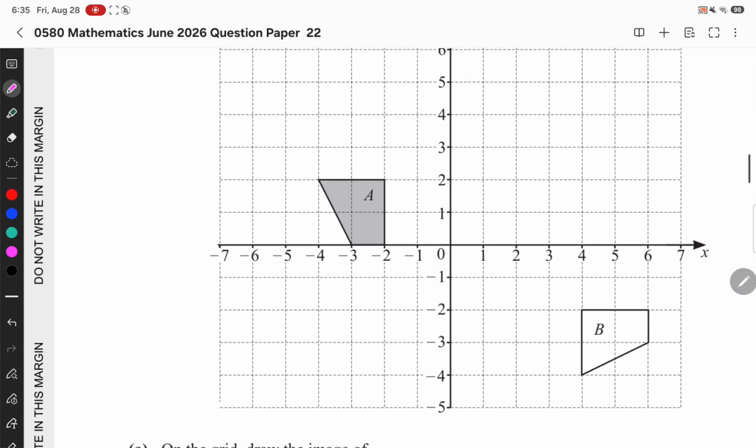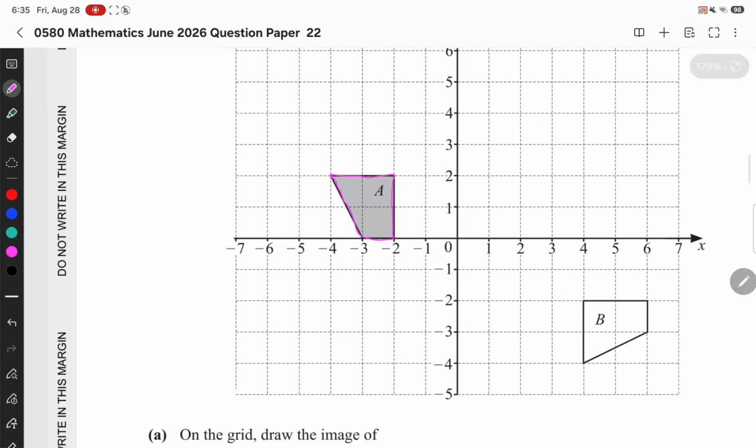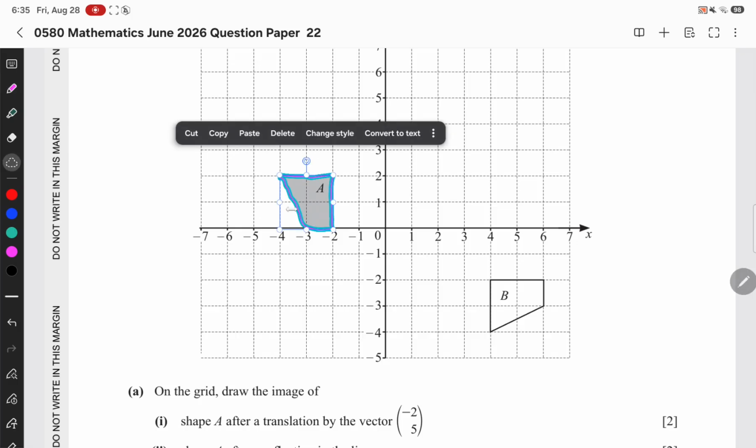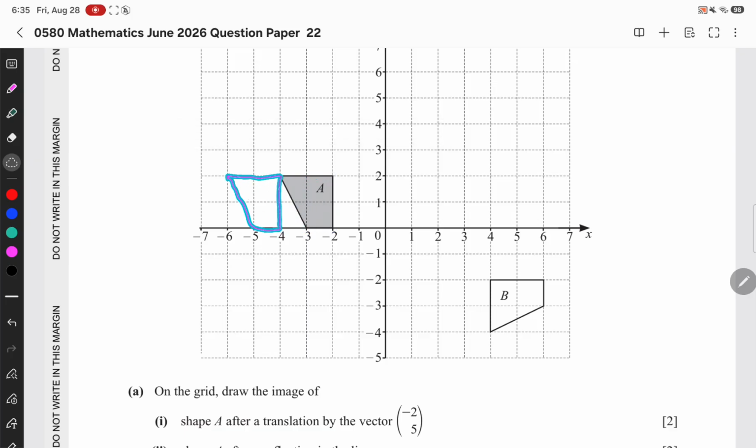Vector (negative 2, 5). So we go in the direction of the x-axis and the y-axis respectively, and if it's negative, we go the opposite direction. Here we have negative 2, so we go in the backwards direction of the x-axis: 1, 2.